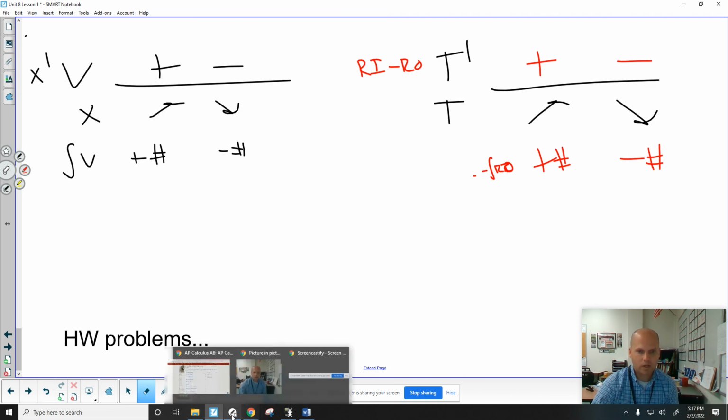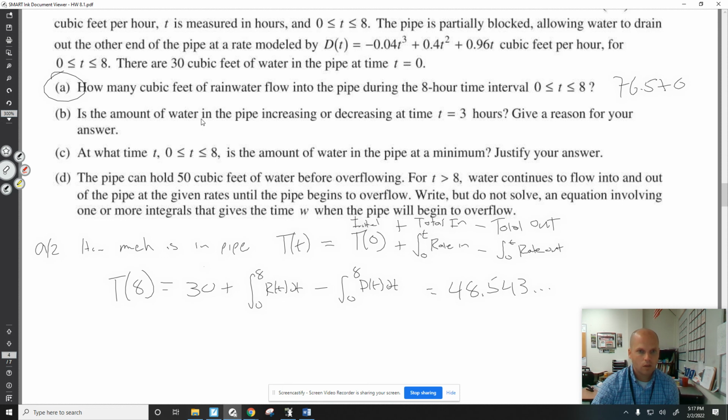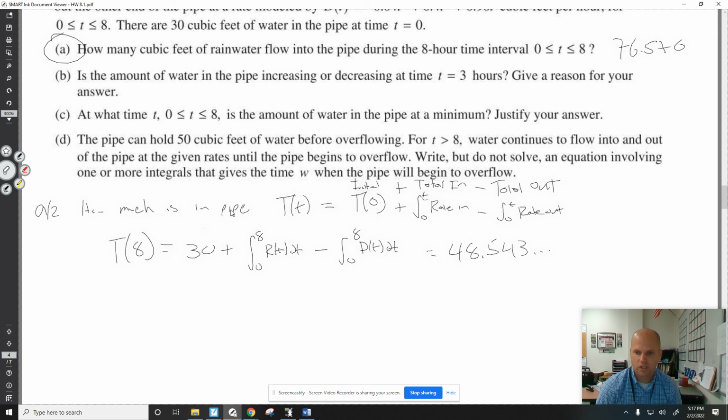The question here is increasing or decreasing? Well, literally, is T prime positive or negative? That'll tell me if T is increasing or decreasing. Most students actually get this answer intuitively because they find R of 3 and compare it to D of 3.